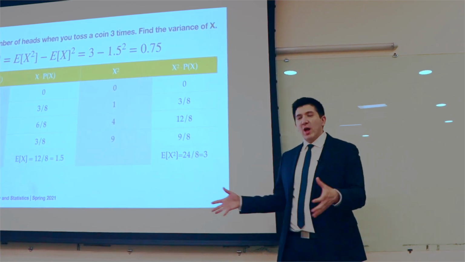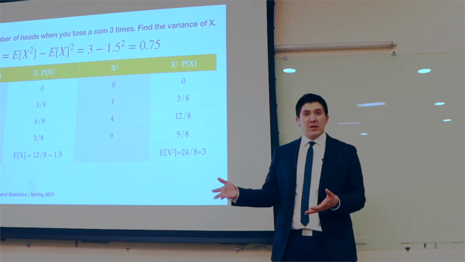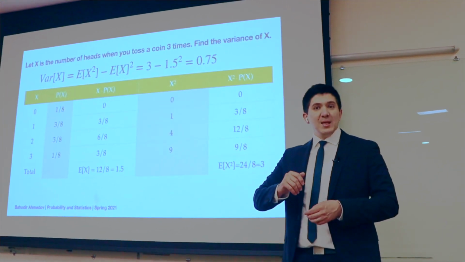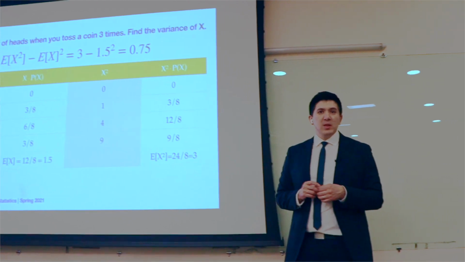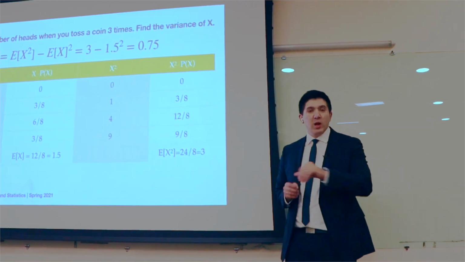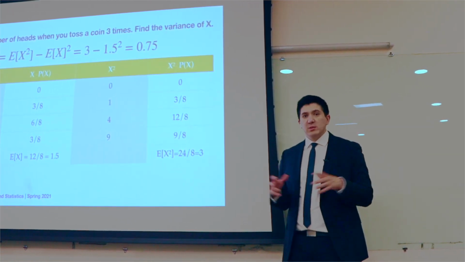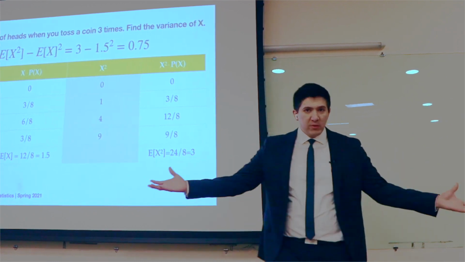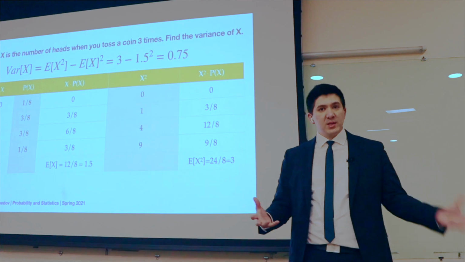Or if you have a deck of cards, you can say success is choosing a card which is an ace, and failure is choosing a card which is not an ace, and so on. So you can always categorize many different experiments into 2 categories, like failure and success.